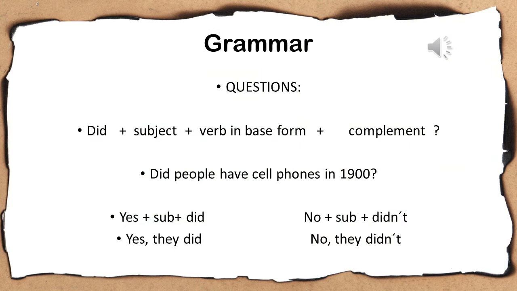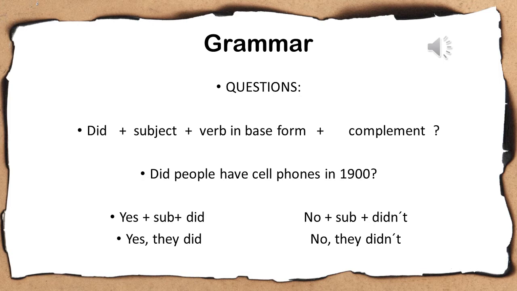Questions in past tense. Remember, for the questions, we are going to use the auxiliary did. First, we are going to write did plus subject plus the verb in base form plus the complement. For example, did people have cell phones in the 90s?